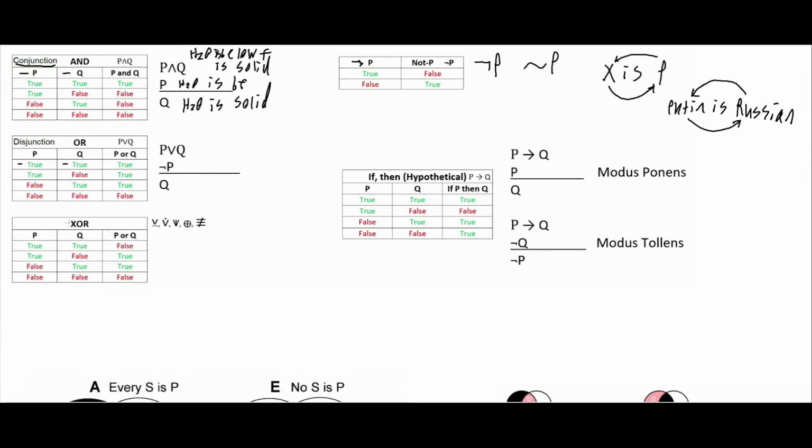If you have the exclusive or, which I put down here, the difference is that if both of them are true, then P or Q is false. You don't run into the exclusive or that often in logic, but I wanted to put it up here to drive home the point that this inclusive or includes the P and Q statement.